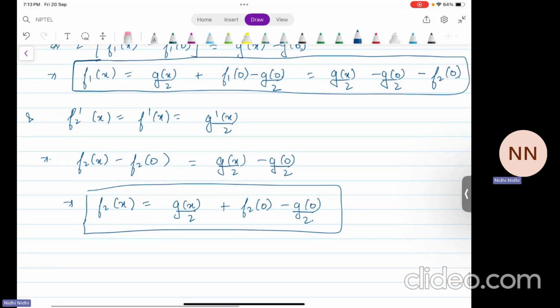So now u(x,t), what was u(x,t)? u(x,t) was f1 at x plus ct plus f2 at x minus ct.